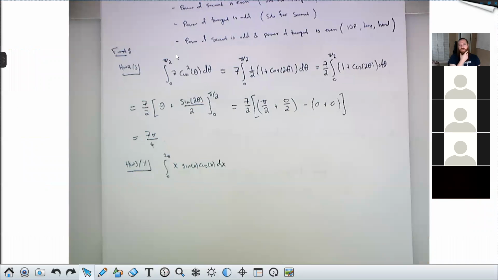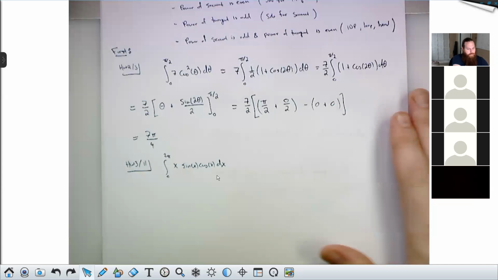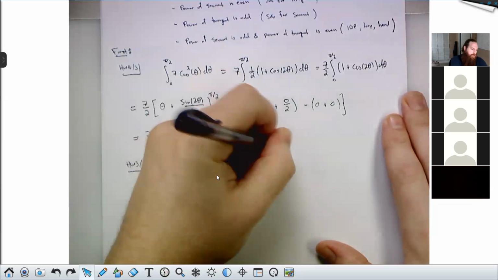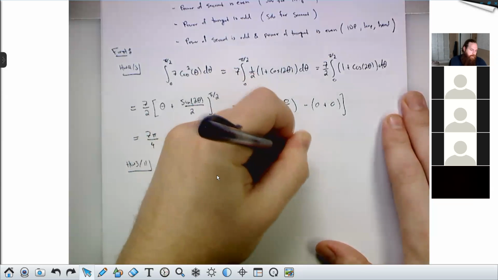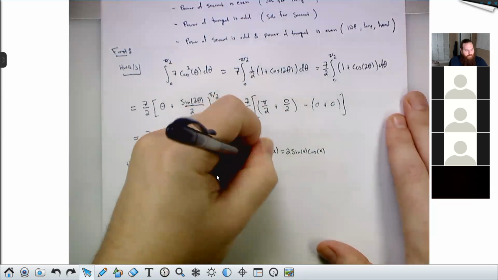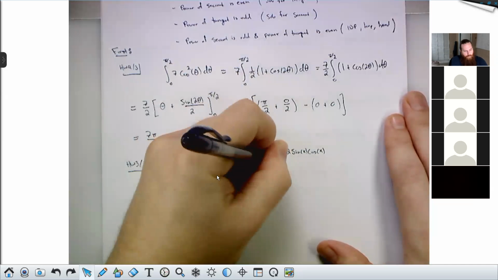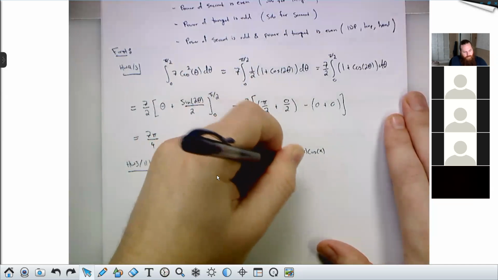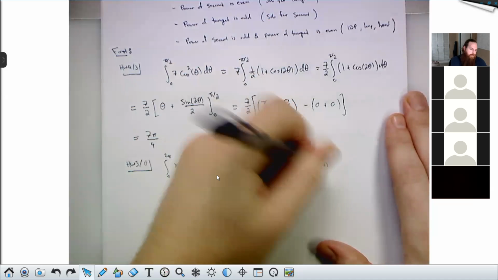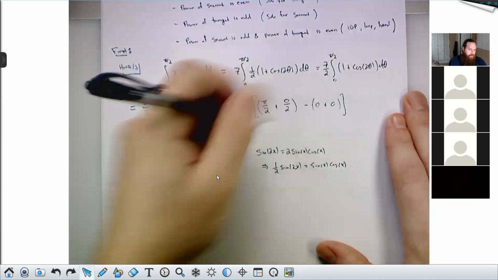So this is really an integration by parts problem. And my suggestion would be to first use a trig identity on this. May not be jumping out at you, but remember that sine of 2x is 2 times the sine of x times the cos of x, which implies 1/2 sine 2x is equal to sine x cos x.